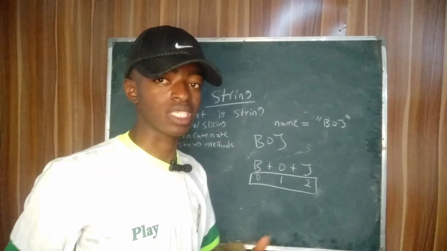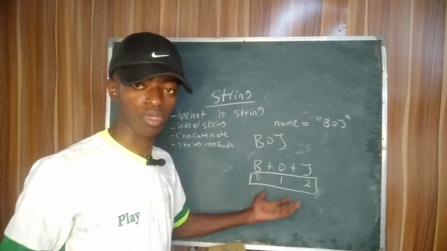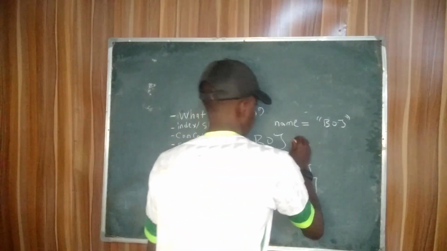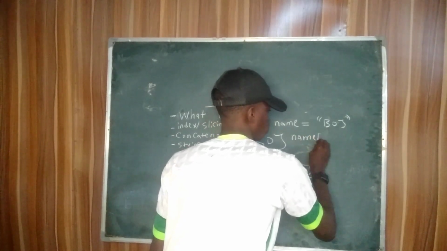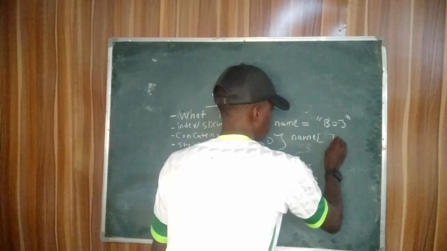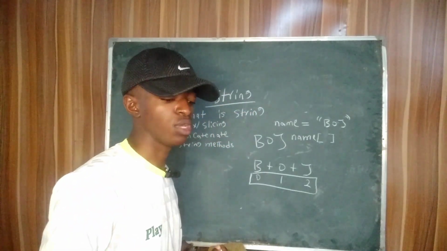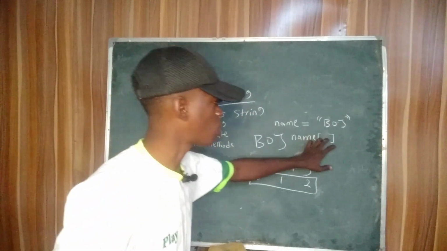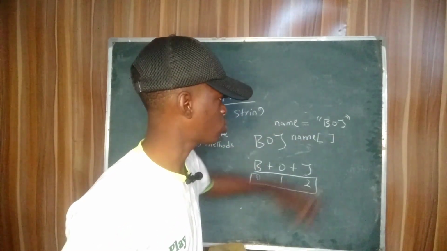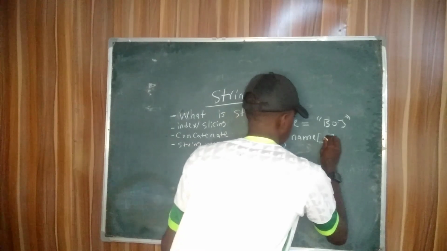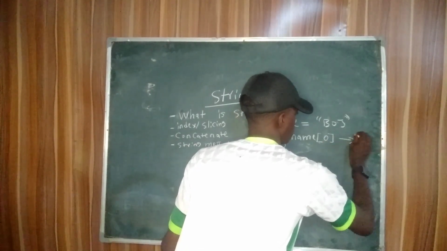To access a specific character inside it, I call the variable name, then square brackets. Inside the square brackets I put the index number of the character that I want to access. Let's say I want to access B, then I put 0. Then the computer is going to print me the letter B.